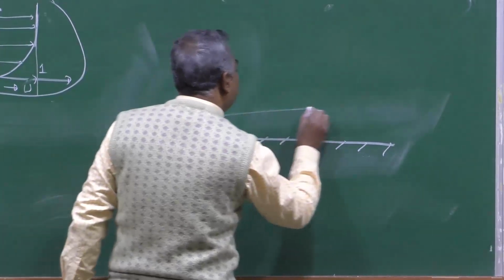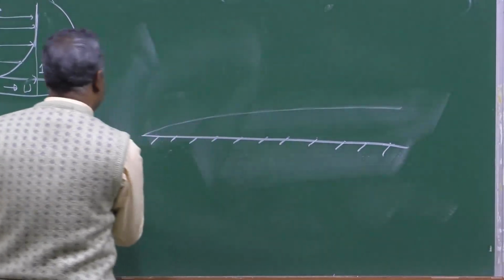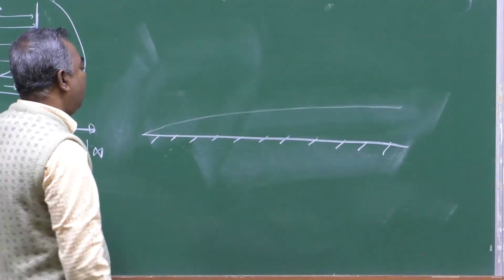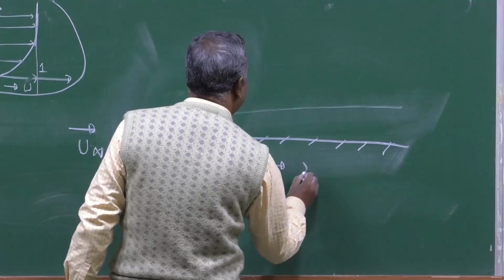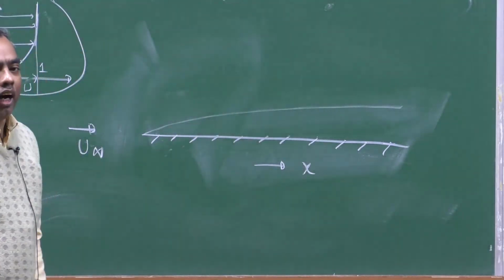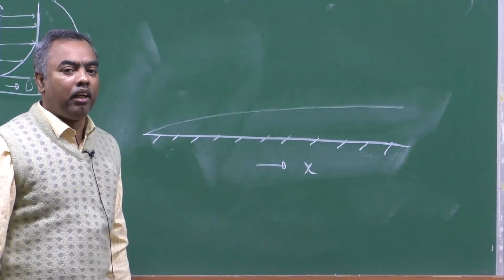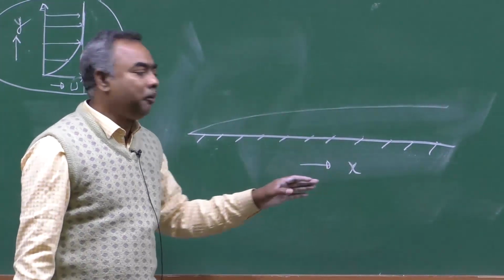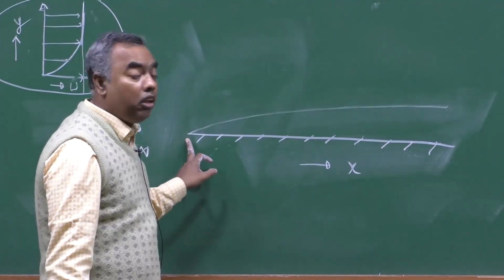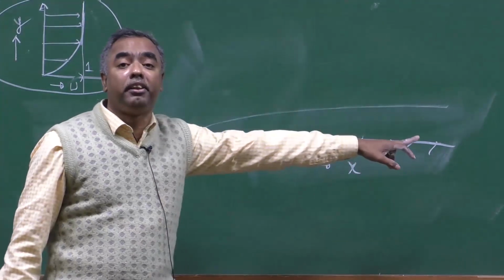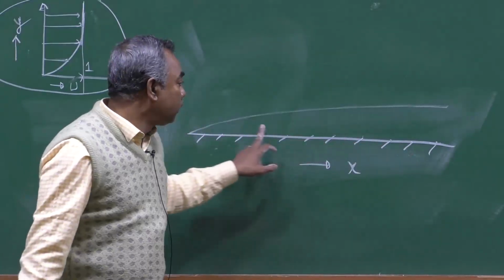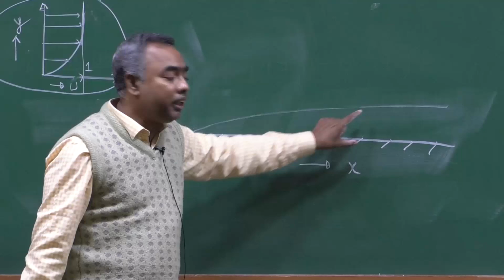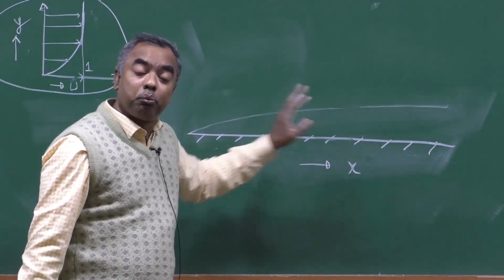The flow is going like this, and this is distance x. Okay. So, R is increasing, if it is based on the delta or displacement thickness, whatever may be the case. R increasing means that for a given velocity profile and a given free stream velocity, you are actually increasing the distance in the downstream direction, because as you go downstream, your delta or displacement thickness will increase, or your x will increase, for a given velocity profile.